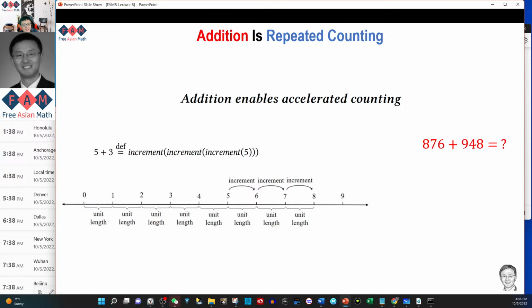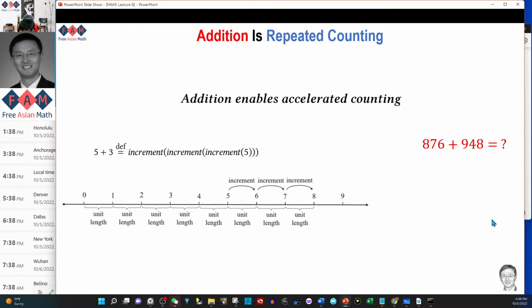Addition by itself is nothing but a restatement of counting, but because the numbers we use are organized in a decimal system, this operation enables accelerated counting. That is based on the fact that we are using a positional number system, like the Hindu-Arabic decimal numeral system.